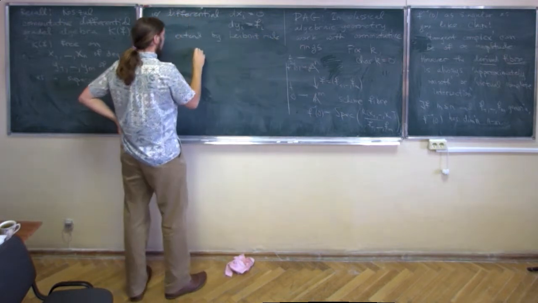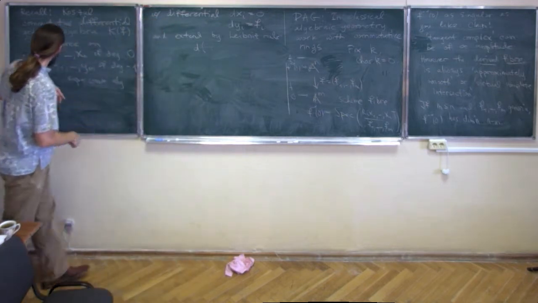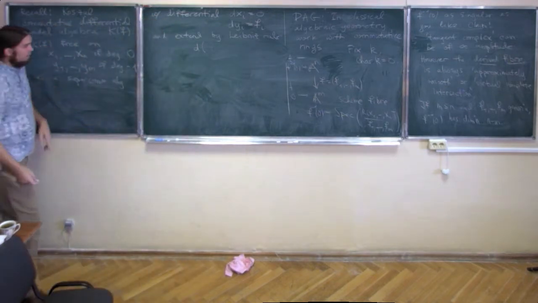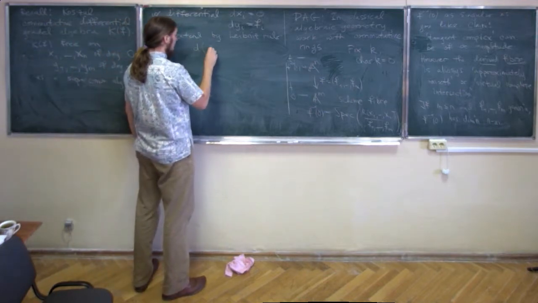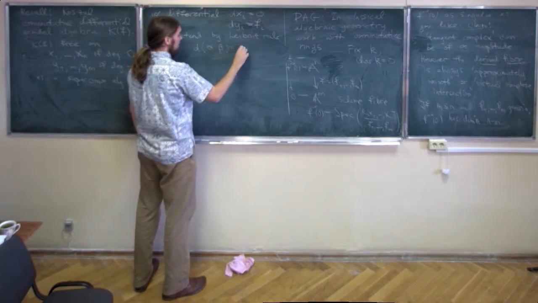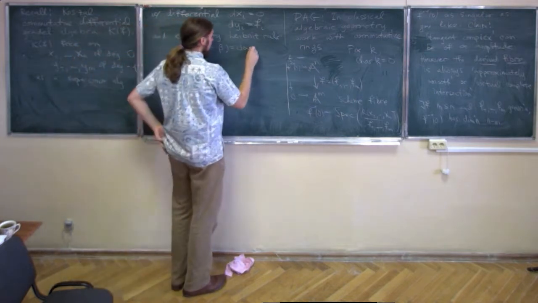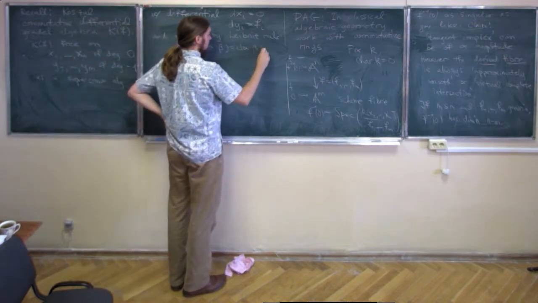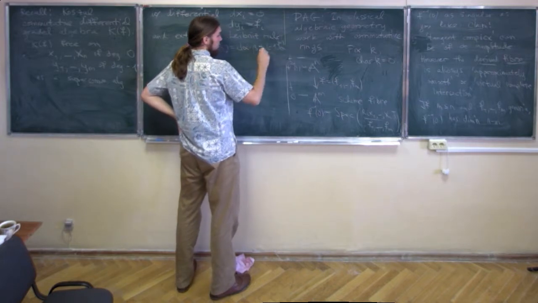So if I have a polynomial in these things, let's call it alpha, and another one, say beta, then I can compute the differential on their product by this graded Leibniz rule.